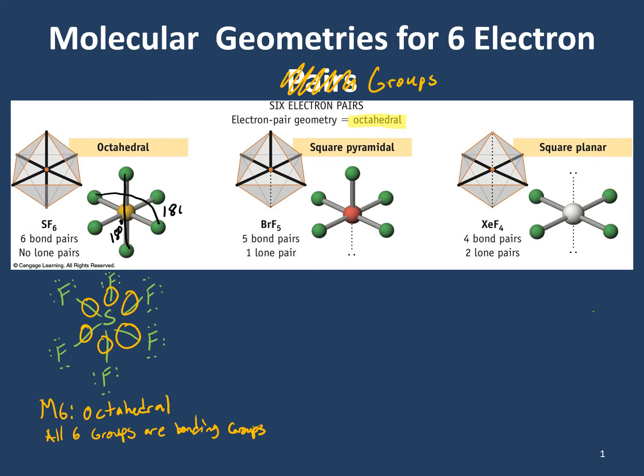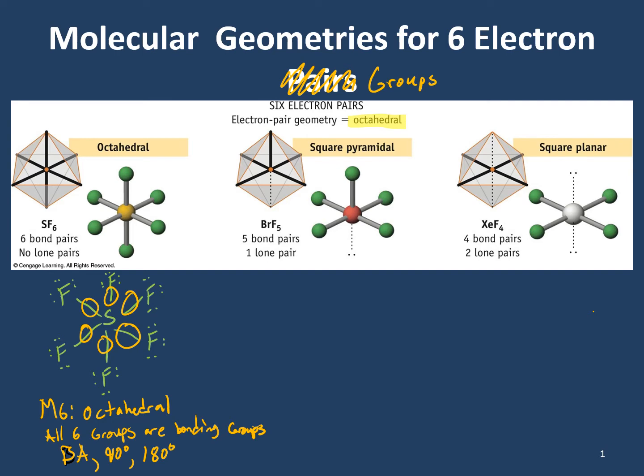So it's a very interesting structure. It has only 2 bond angles, and there are a lot of them throughout. So our bond angles are going to be 90 degrees and 180 degrees.